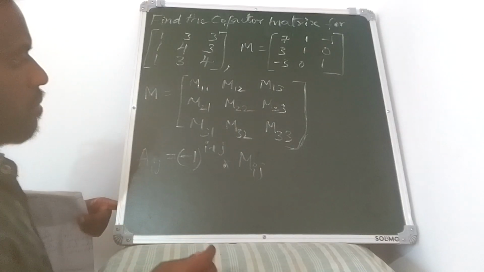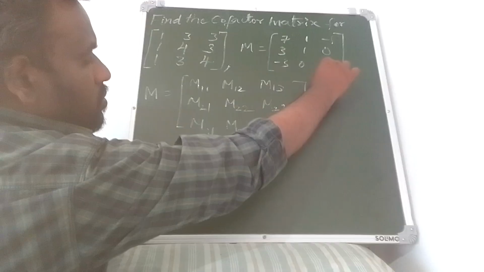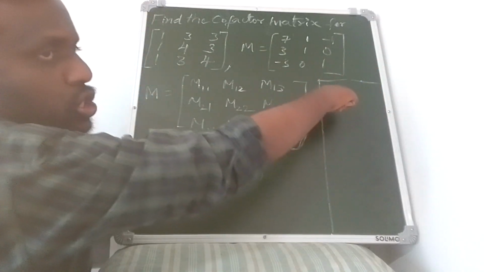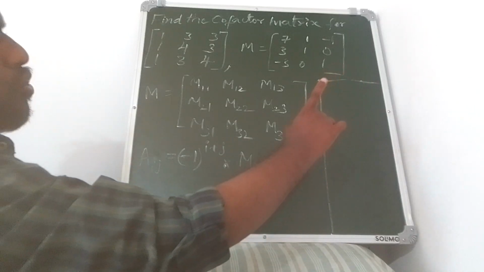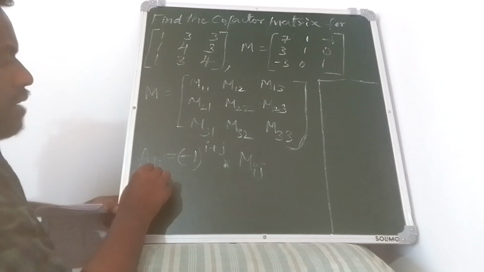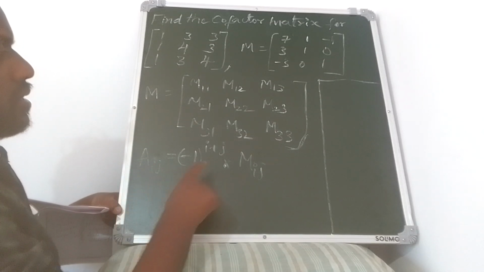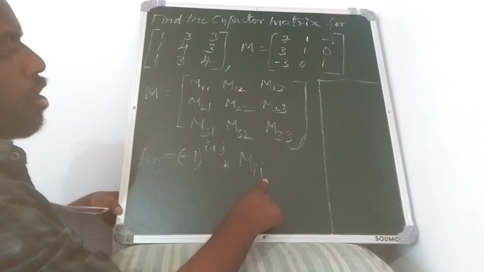Okay, this is the general formula. Here I will list the cofactors, just a space for listing cofactors after finding them. Now, i means the ith row, j means the jth column. So i indicates the row number, j is the column number.